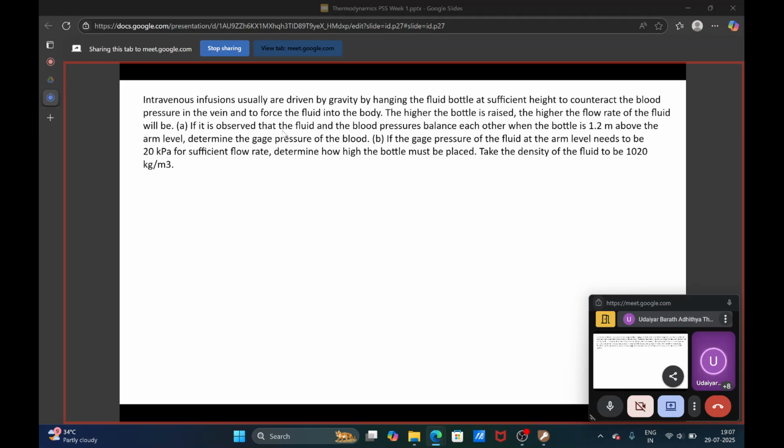So you need to find out the gauge pressure for the blood. That's the first question. And in the second, the pressure of the fluid is given, so you need to find out how high the bottle has to be kept for the flow to happen.